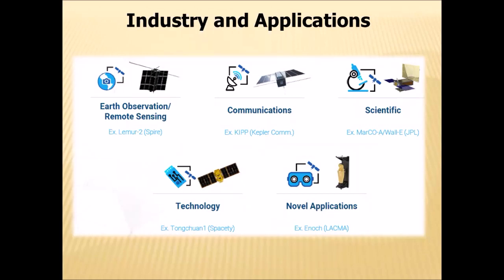What is the application? First, we have Earth observation or remote sensing. Second, you have communications. Third, it can be applied in scientific field, in technology, and some other applications.